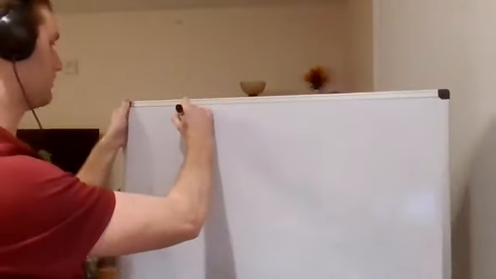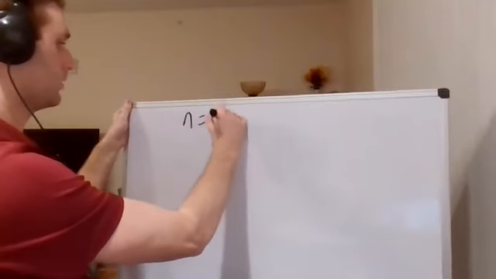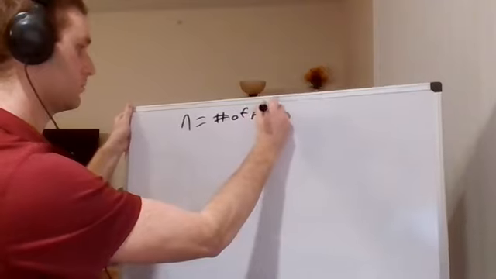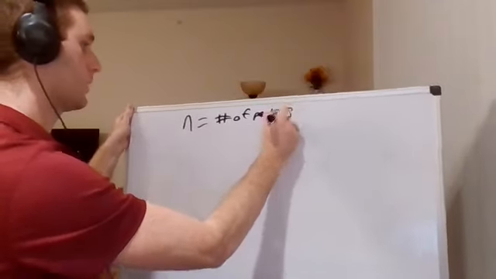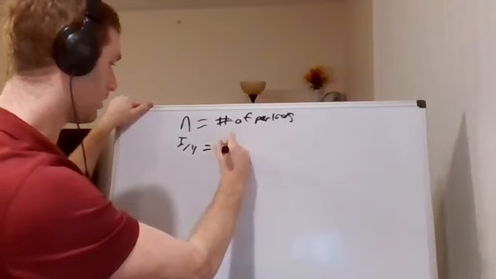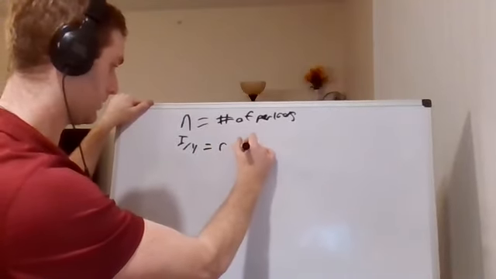So things to remember. N equals number of periods. Right? And this is on the calculator. I/Y equals R, which is interest rate.